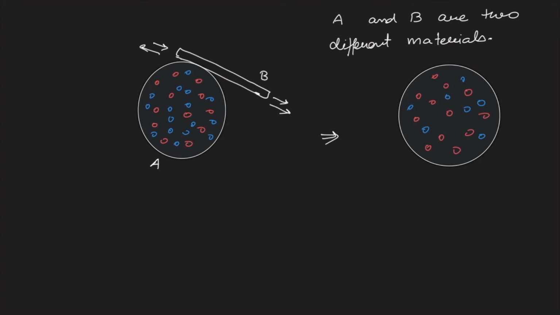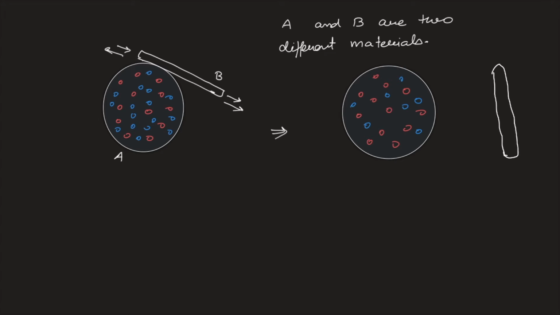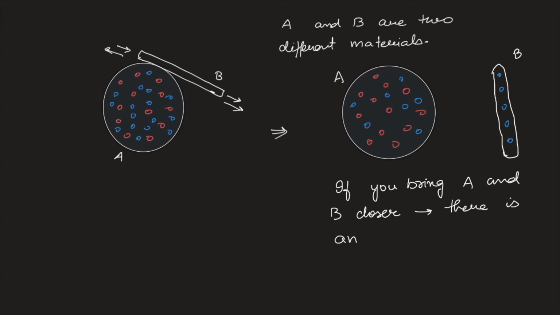Some of the blue charges from A are actually transferred to B. And how do we know that they have been actually transferred to B? So if you bring A and B closer together, there is an attractive force.